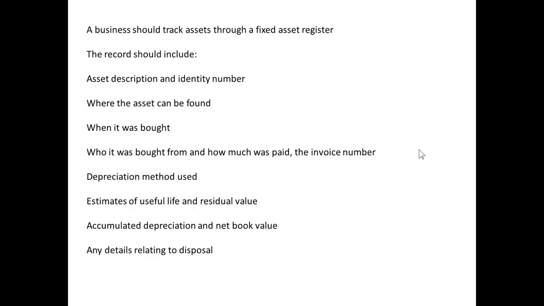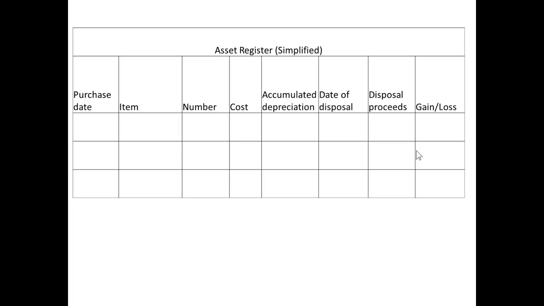That's all the information we need, so that we can then record each year its accumulated depreciation and the net book value. And then when the asset is disposed of, the details relating to the disposal are recorded as well.